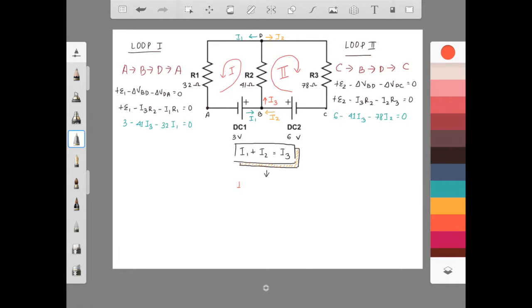From here, we change the first equation in terms of I1, which equals I3 minus I2. Then, substitute it to the second equation.